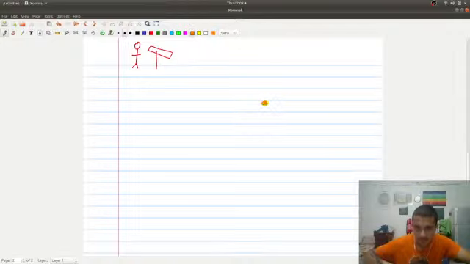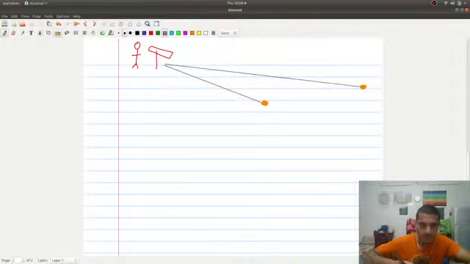One bulb is here and one bulb is here. And this distance is 1 kilometer, and this distance you do not know. So this is 1 km. And what is this is the question.